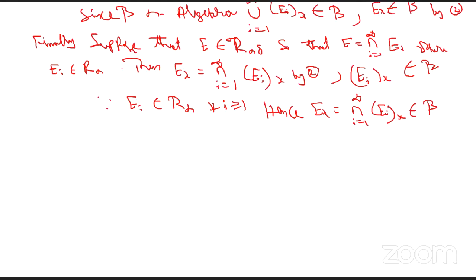Thus E belongs to R sigma delta, that is, E of x belongs to script beta. This completes the proof.